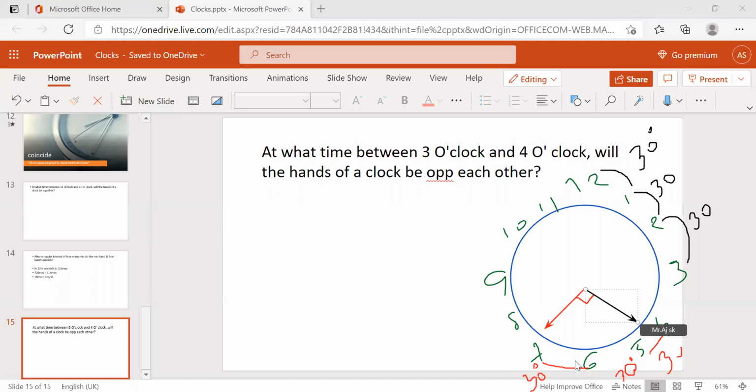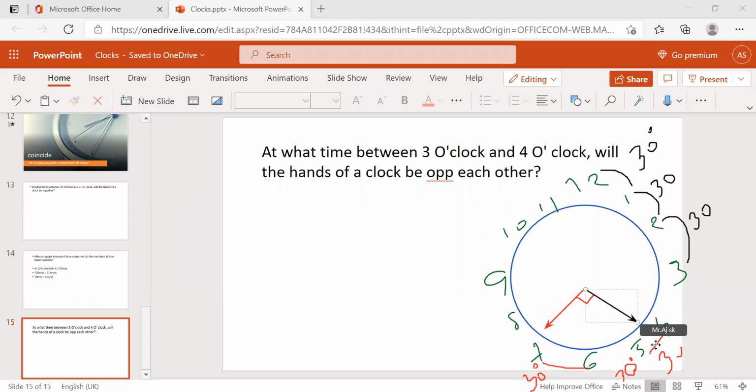Is it clear? What I'm saying, you people understanding, right? So exactly 4 if the hour hand shows, and exactly 7 if the minute hand shows, then the angle between the two hands is 90 degrees, because 3 sectors, 3 gaps are there, 7 to 6, 6 to 5, 5 to 4, 3 gaps, 90 degrees.